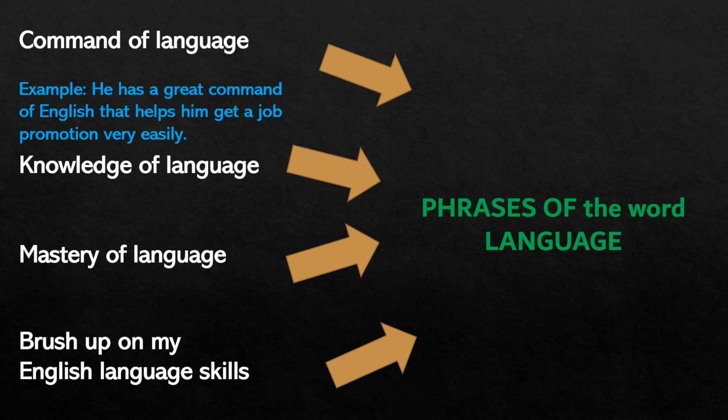For example, this summer I will brush up on my English language skills because I'm going to study abroad next year. So these expressions can aid you in creating better answers to questions and for sure help you boost your mark in the criterion lexical resource. Use some of these phrases for you to sound like native.